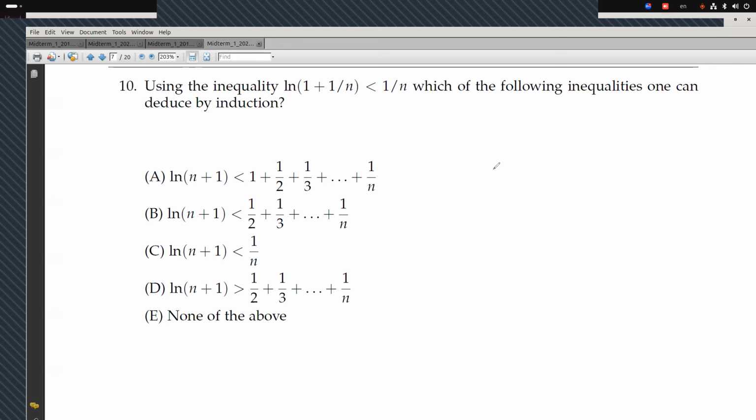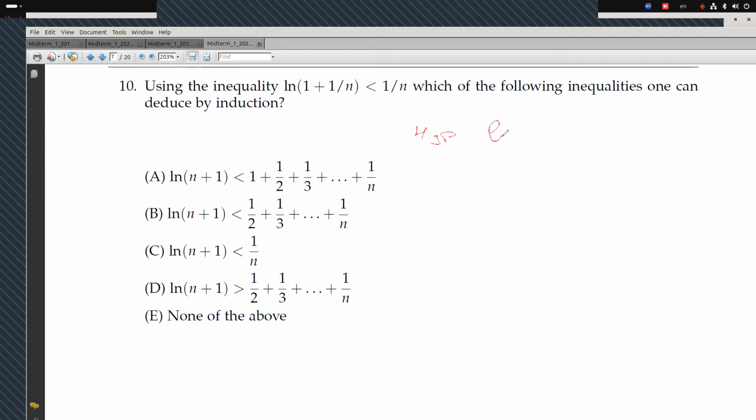When n equals to 1, it's not even clear what do we have when n equals to 1. Maybe we have 1/2. I don't know. Now, the hypothesis in this case for B is what?